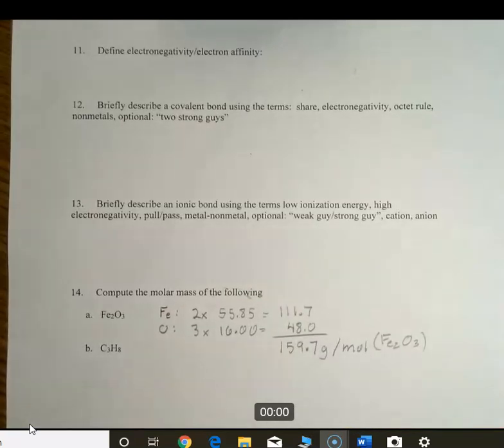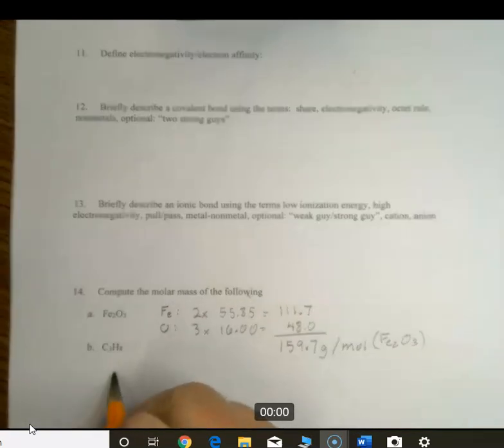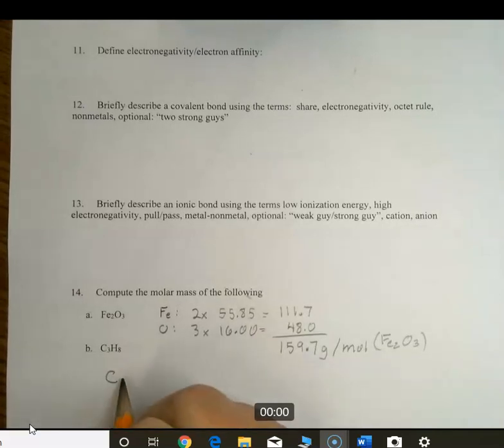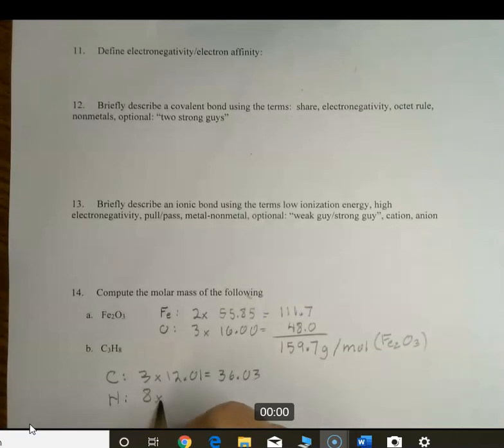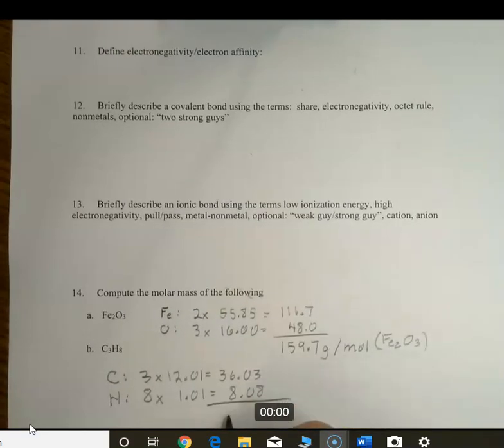Okay, for C3H8, we have C. There's 3 times 12.01 equals 36.03, and H is 8 times 1.01, and you add those together and you get 45.